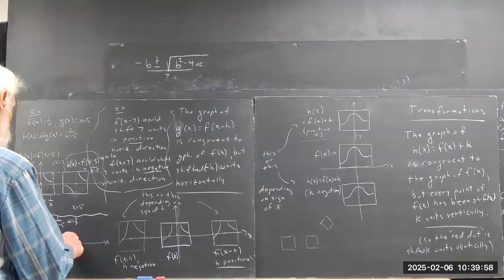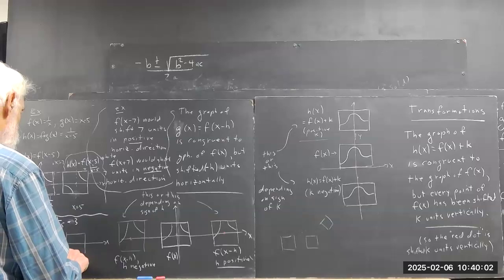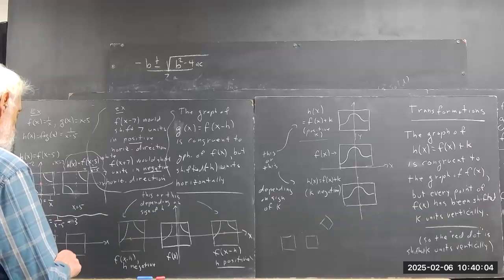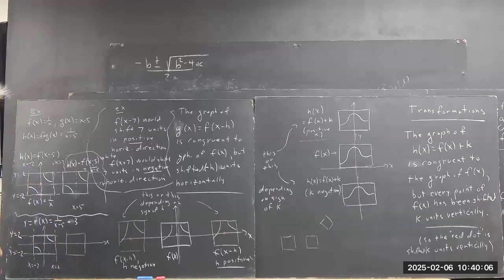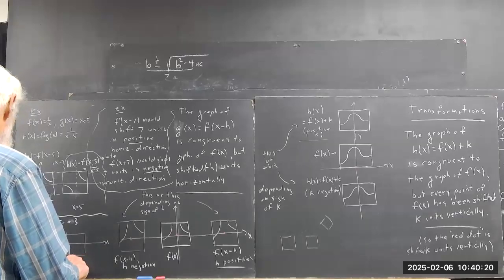So that's going to put you over here. Then you go down 3. Well, that means you're subtracting 3 from whatever the y values would be, right? Your y value becomes 3 less. That shifts the graph down 3 units.